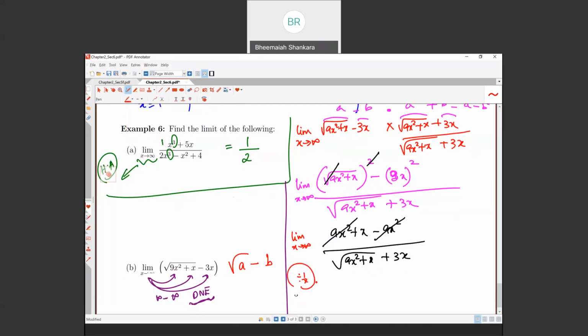The fraction in the numerator becomes just 1, and in the denominator, when you divide a square root term by x, when the x goes inside, it goes inside as x squared. So it's x over x squared. Whereas the last term, you don't have a square root, it's just 3x, so 3x can be written as 3x divided by x.